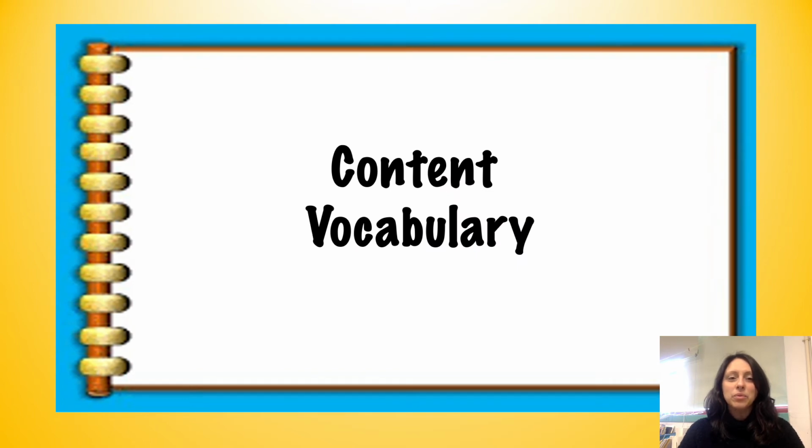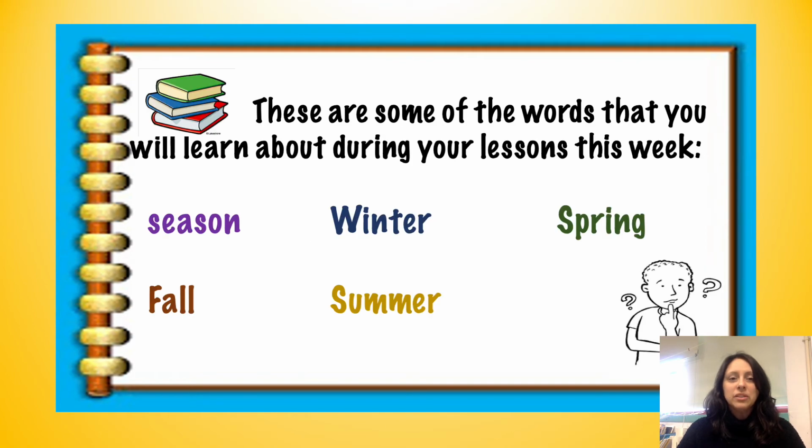Now we are going to move on to the content vocabulary. These are some of the words that you will learn about during your lessons this week. Season, winter, spring, fall, summer are the content vocabulary words for this lesson.